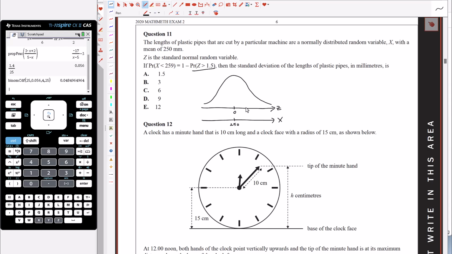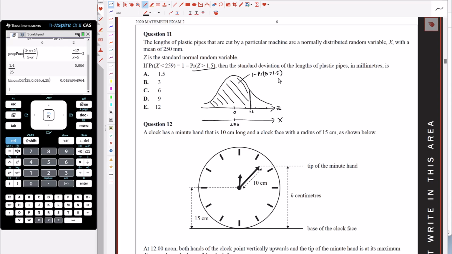So greater than 1.5 means 1.5 standard deviations above the mean. Okay, so if that's 1.5 there, that area to the right is Z greater than 1.5, which means that this area to the left is 1 minus the probability that Z is greater than 1.5.